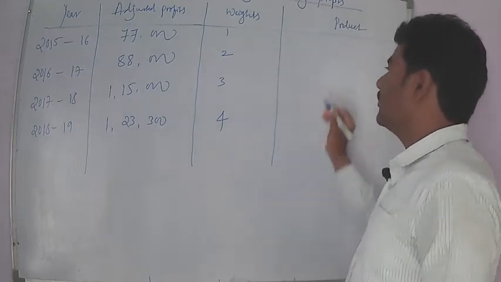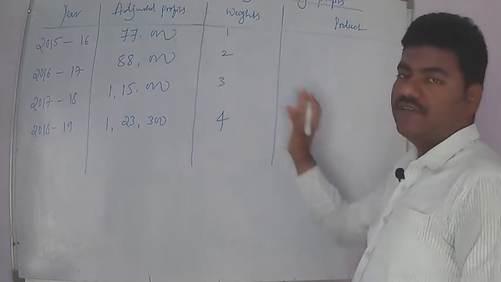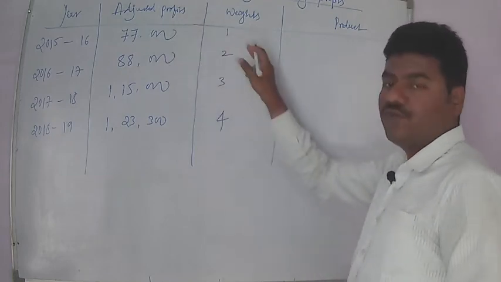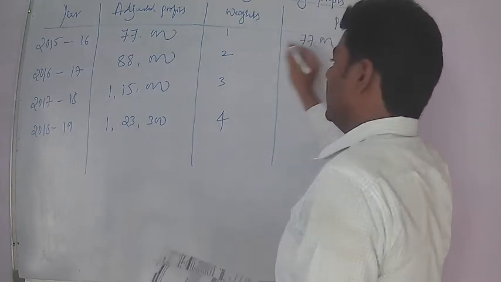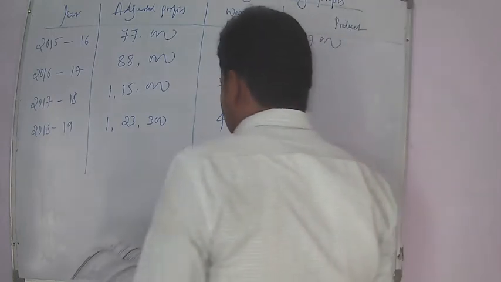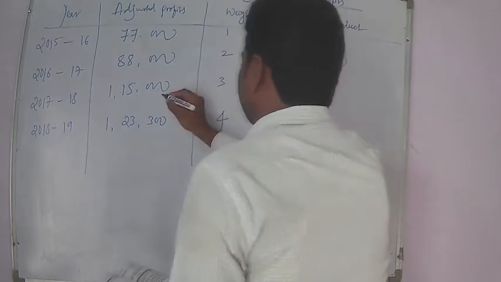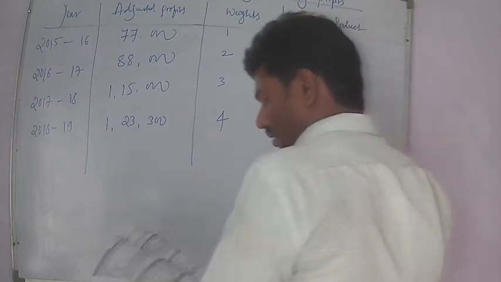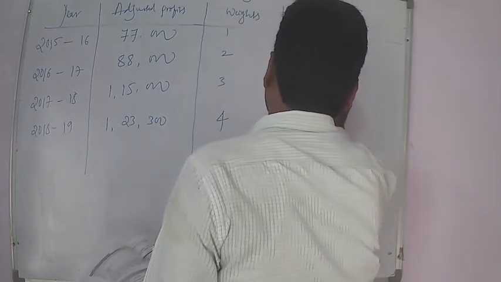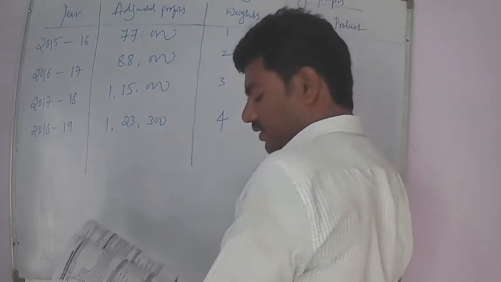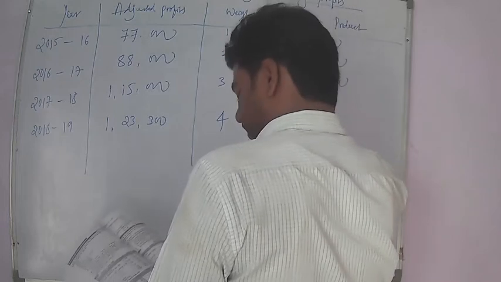So how to calculate the product? It has to be multiplied. Adjusted profit has to be multiplied by the weights. 77,000 into 1, 77,000. 88,000 into 2 is 1,76,000. 1,15,000 into 3 is 3,45,000. 1,23,300 into 4, 4,93,200.